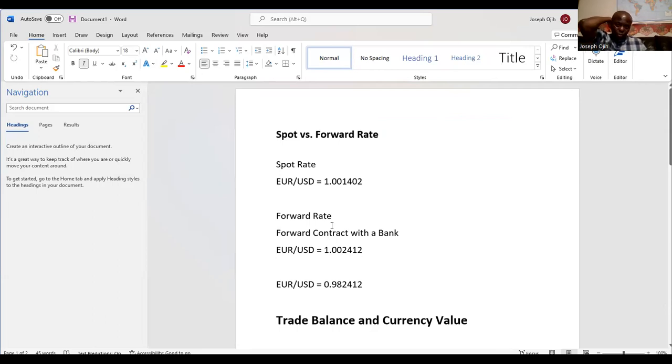Now, for the forward rate, 1 year forward, let's say a company produces batteries, for example, or imports batteries. Let's say a US company imports batteries from, say, Japan. So the exchange rate might change, okay?